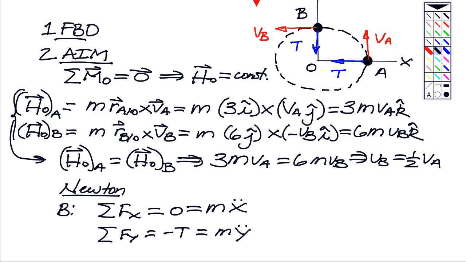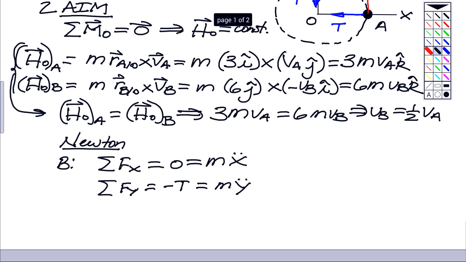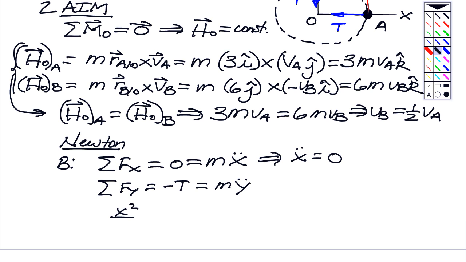This is where we actually use the shape of the path in order to calculate what x double dot and y double dot are. It is clear that x double dot is 0, but we need to find y double dot. Our equation, again, was x squared over 9 plus y squared over 36 equal to 1.